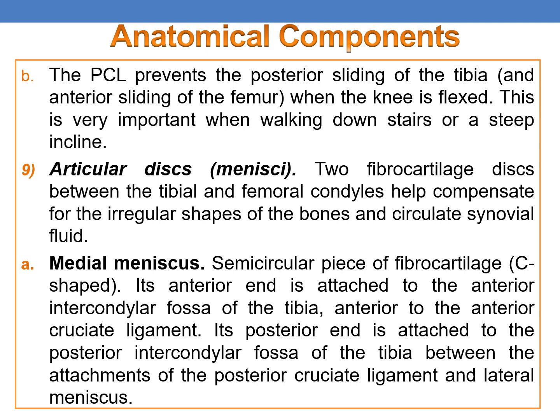The next is articular discs, which are nothing but meniscus. Two fibrocartilage discs between the tibia and femoral condyles help compensate for an irregular shape of the bones and circulate the synovial fluid.